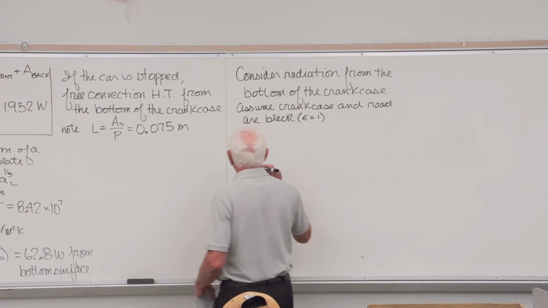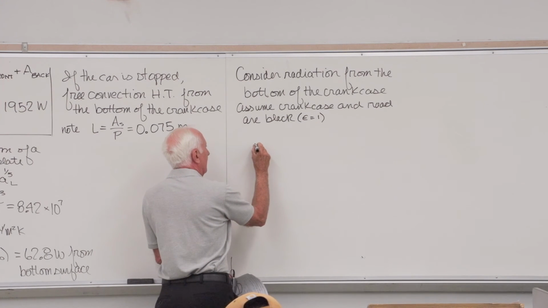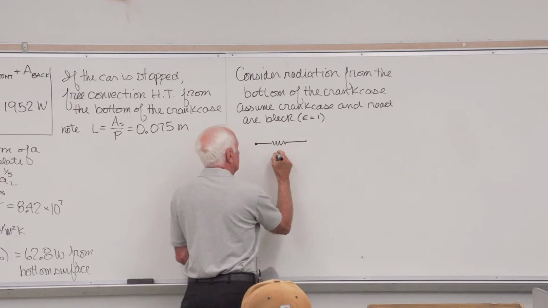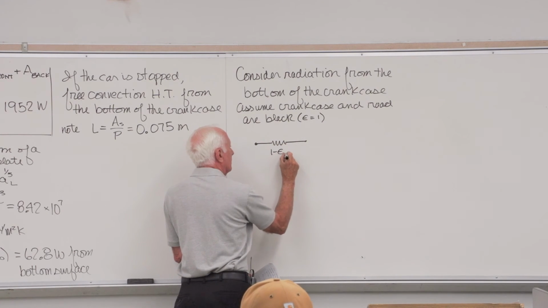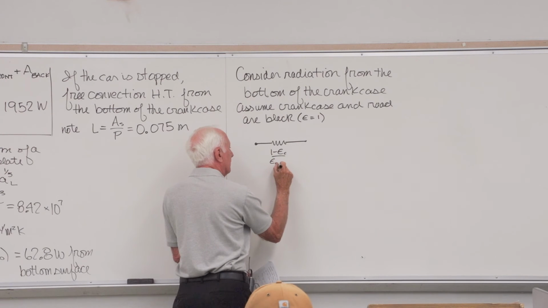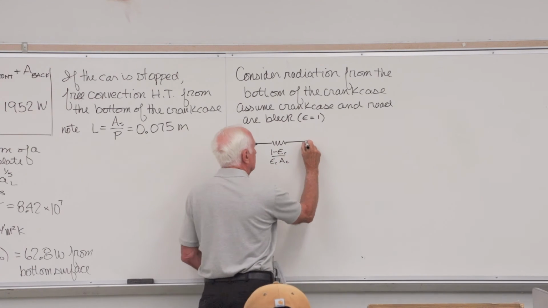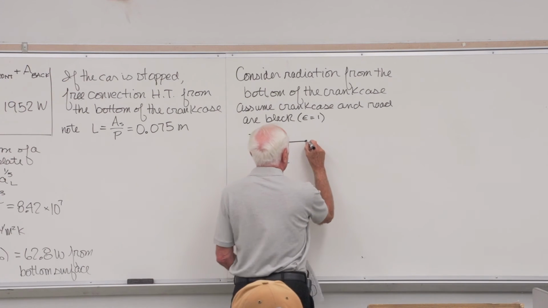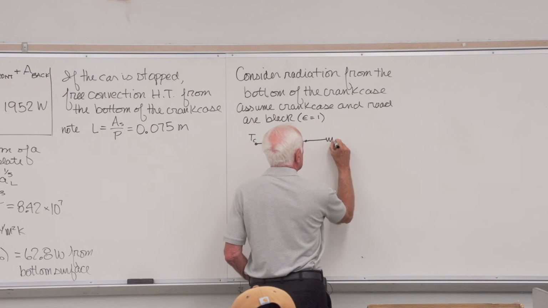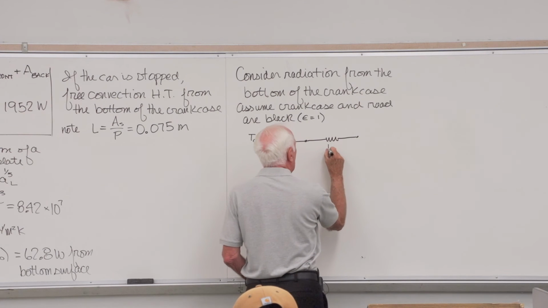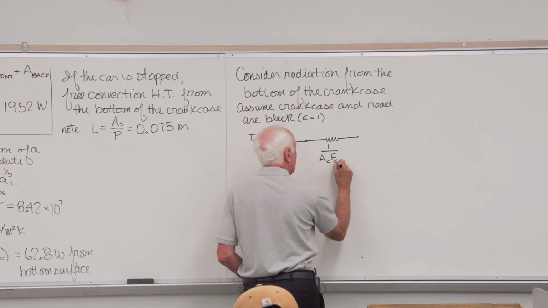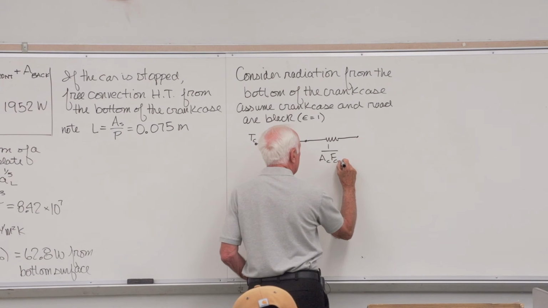So if you want to go to chapter 13 and model this by 3 resistors, there's 1 resistor, 1 minus epsilon of the crankcase divided by epsilon crankcase times area of the crankcase. This is the temperature of the crankcase. Then there is a space resistance, 1 over the area of the crankcase times the view factor from the crankcase to the road.